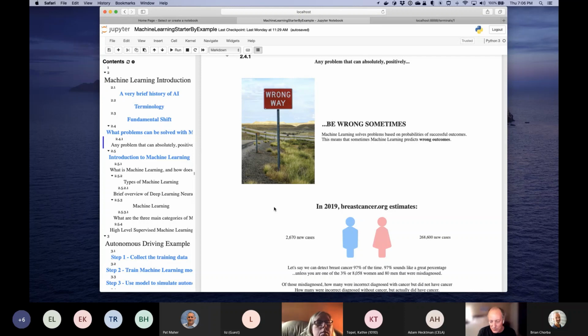And so you cannot use machine learning to move your money across your accounts. That would be a very bad thing. So if it's okay to be wrong sometimes, then machine learning can be used. But if you cannot be wrong sometimes, then you cannot use machine learning. And sometimes being wrong sometimes and being right all the time, that's a very gray area.